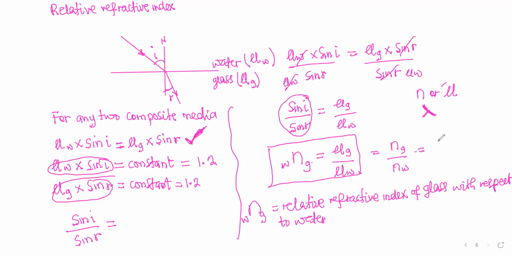I earlier gave you the refractive indices of glass and water respectively. So if I'm looking for the relative refractive index of glass with respect to water, it will simply be the absolute refractive index of glass, which is 1.5, and the absolute refractive index of water, which is 1.33. When I divide, whatever I have is the relative refractive index of glass with respect to water.